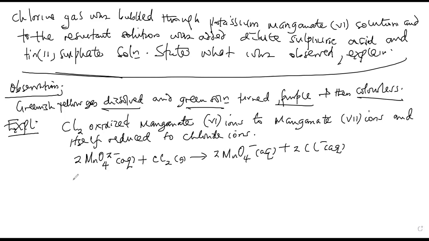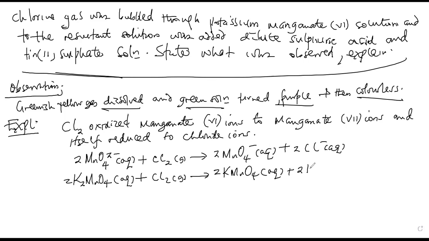Or one can say potassium manganate 6 plus chlorine gas forms potassium permanganate, or potassium manganate 7, and potassium chloride.